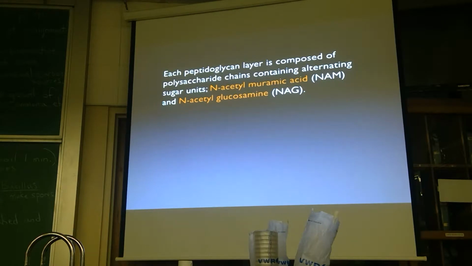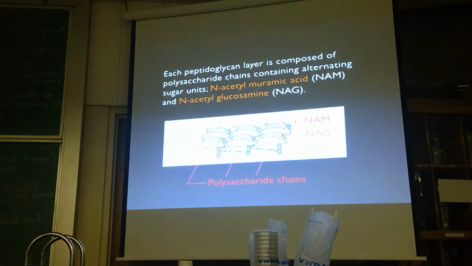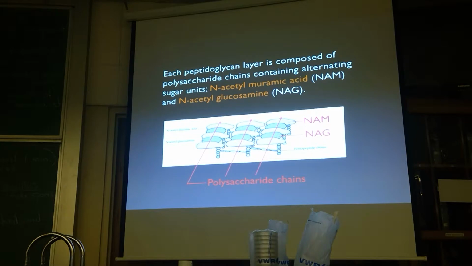Used to be nobody knew what glucosamine was, and then you start seeing glucosamine on billboards out there along the freeway. Glucosamine is a substance that more people recognize, but it is part of peptidoglycan. As far as I know, the N-acetylmuramic acid is only found in peptidoglycan, not so much the glucosamine. Anyway, these two sugars, N-acetylglucosamine and N-acetylmuramic acid, form polysaccharide chains.